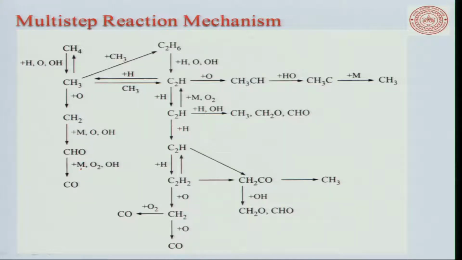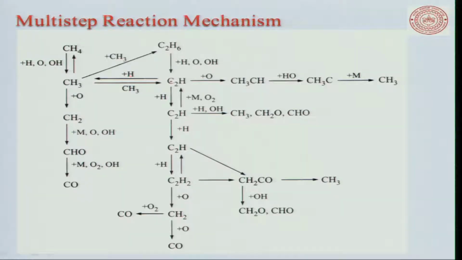CHO again may react with M, O2, OH and go to CO, and CH3 can collide with CH3 going to C2H6, there are possibilities. Similarly, CH3 can react with H, it can go to C2H and some others.